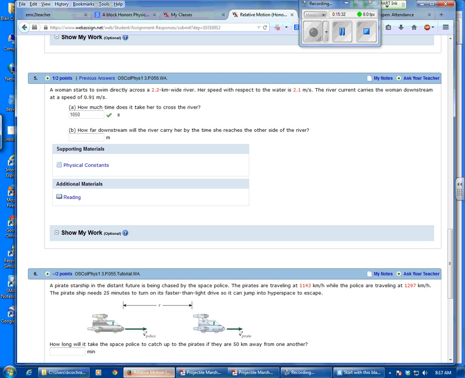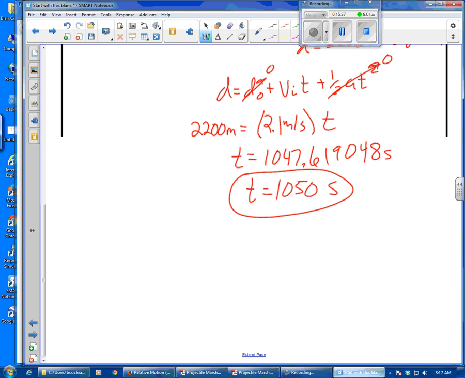The current carries her downstream at 0.91. So this is downstream now, rather than across, and my velocity is 0.91 meters per second.